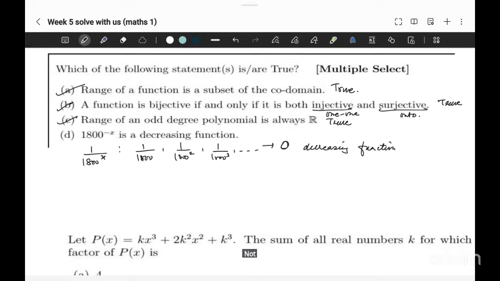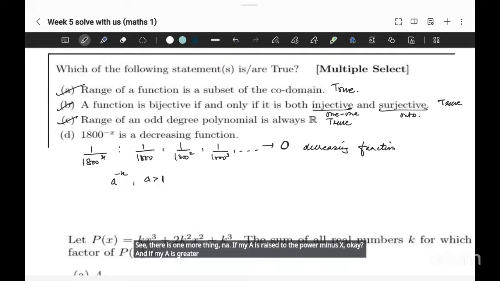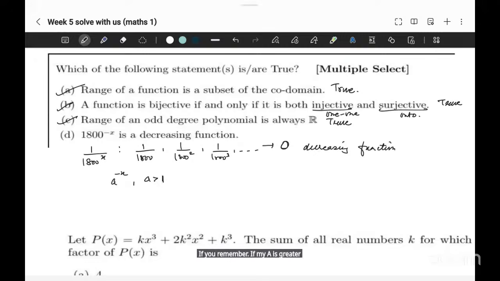No, we have still left to check the negative values. It is only for natural numbers so far; there is one more thing we have not checked. If my a is raised to the power minus x, and if my a is greater than 1, if you remember, then it is a decreasing function.